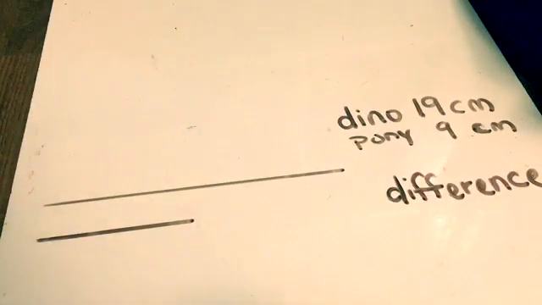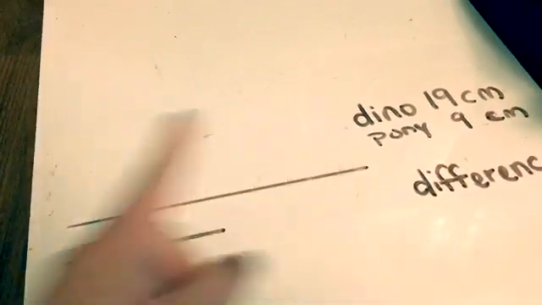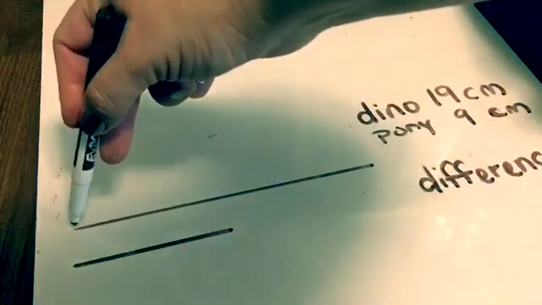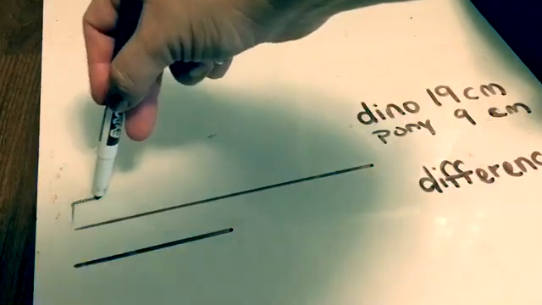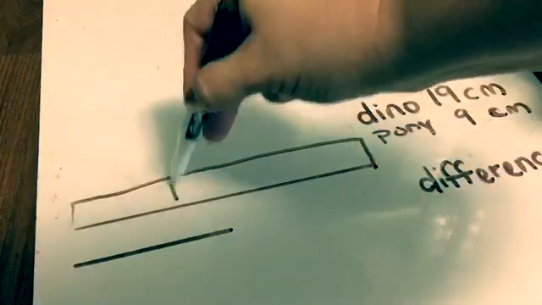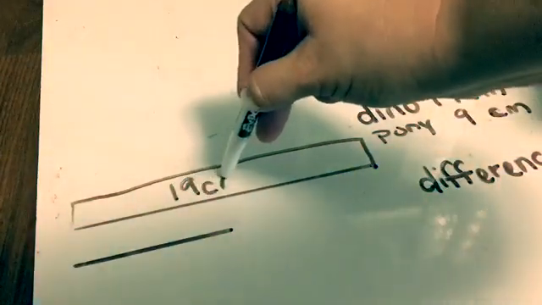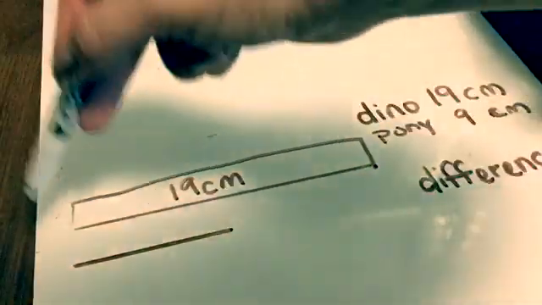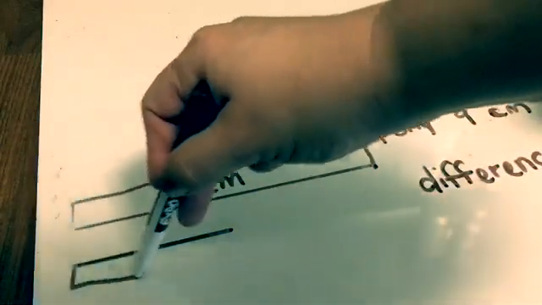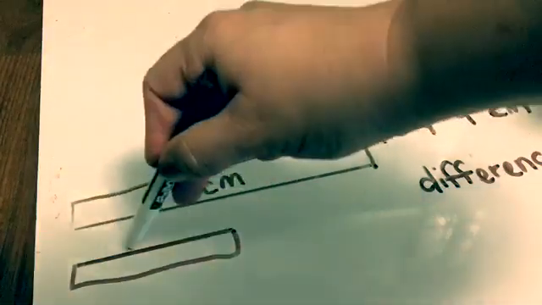So if you look at the difference between the two, and we know that this one is 19 centimeters, I'm going to go ahead and make that into a rectangle so we can see, and it's not a perfect rectangle, but that's okay. 19 centimeters. And this one is 9 centimeters because the pony was approximately 9 centimeters long.